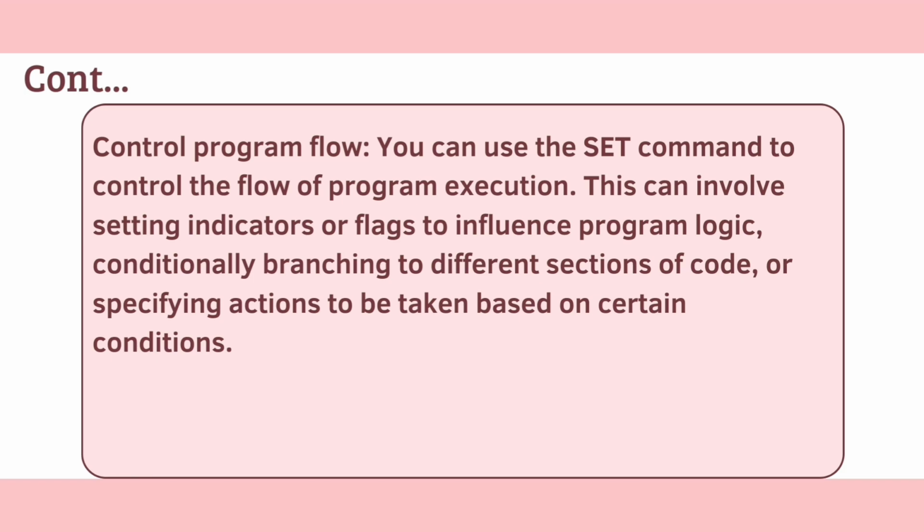Control program flow. You can use the SET command to control the flow of program execution. This can involve setting indicators or flags to influence program logic, conditionally branching to different sections of code, or specifying actions to be taken based on certain conditions.